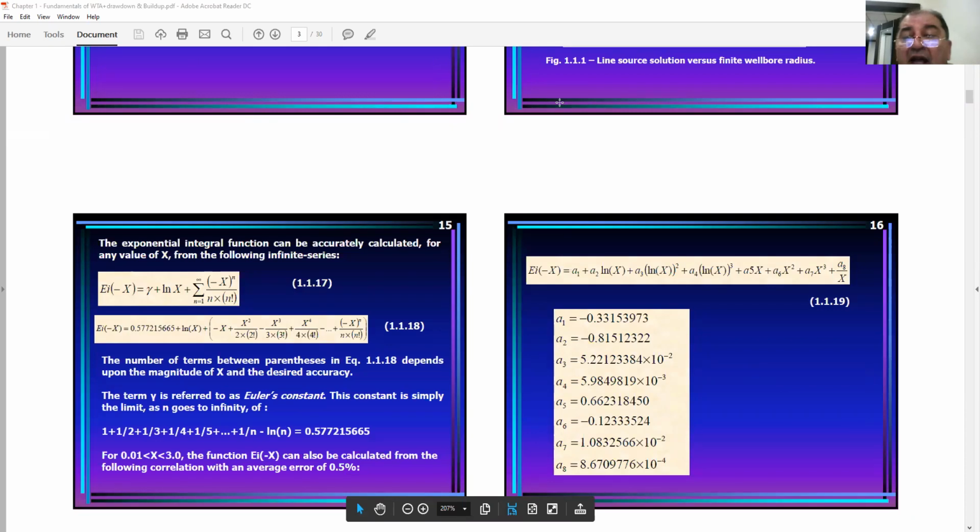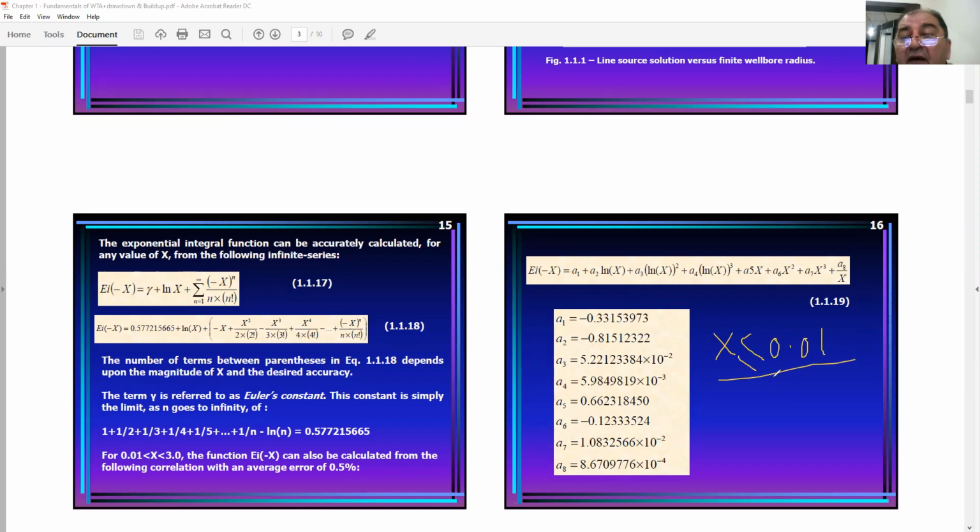So, when x is less than or equal to 0.01, we're going to go with what is called the logarithmic approximation.